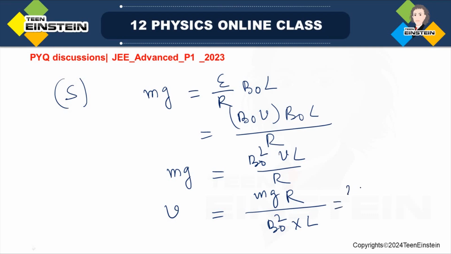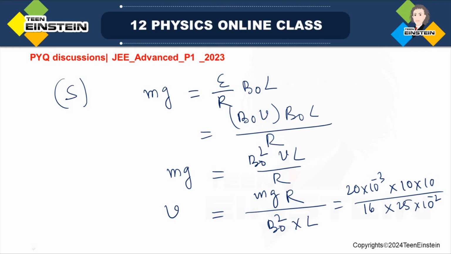So m is 20 into 10 to the power minus 3. Then g is 10, R is 10, divided by B0 square. This B0 square is 4 square, that means 16. L is 25 into 10 to the power minus 2.